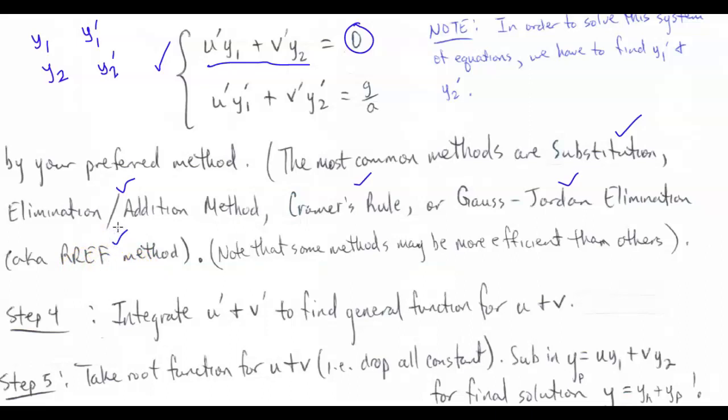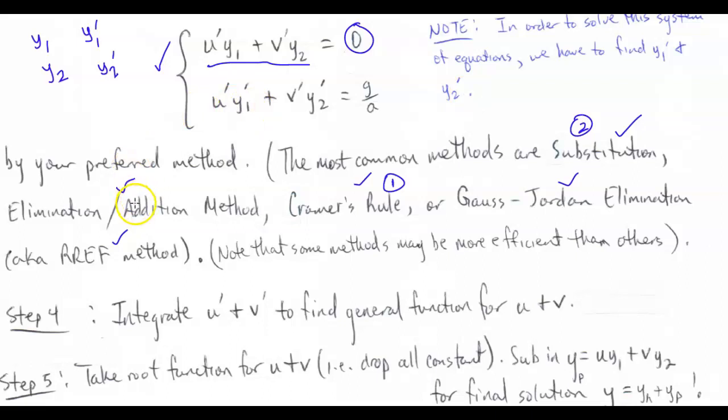Now, just for my personal suggestions here, I would probably do Cramer's rule first if you're familiar with this particular method from linear algebra, or I would do substitution method. Those are the two that I think are the most efficient to work with for the types of problems that you're probably going to see in your course.